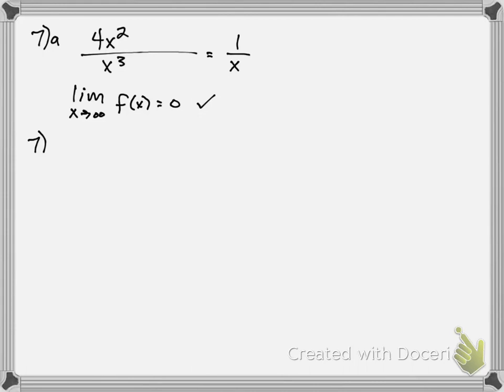Okay, let's look at 7b. Are the powers the same? Yes, the highest powers are the same. So we're going to step 2. That one is just 4 over 5. No issues there, because the coefficient of the highest power, you have 4x to the third and 5x to the third, so the highest powers kind of cancel each other out.